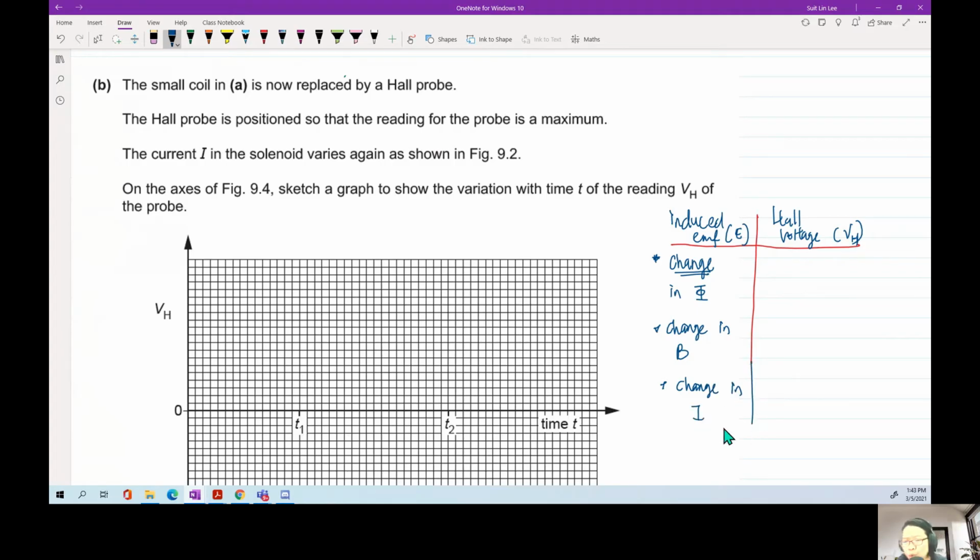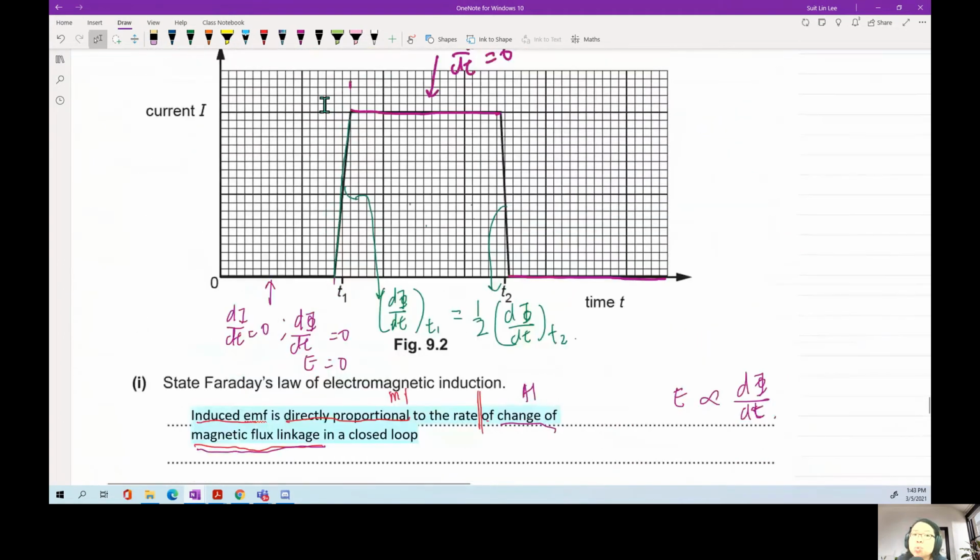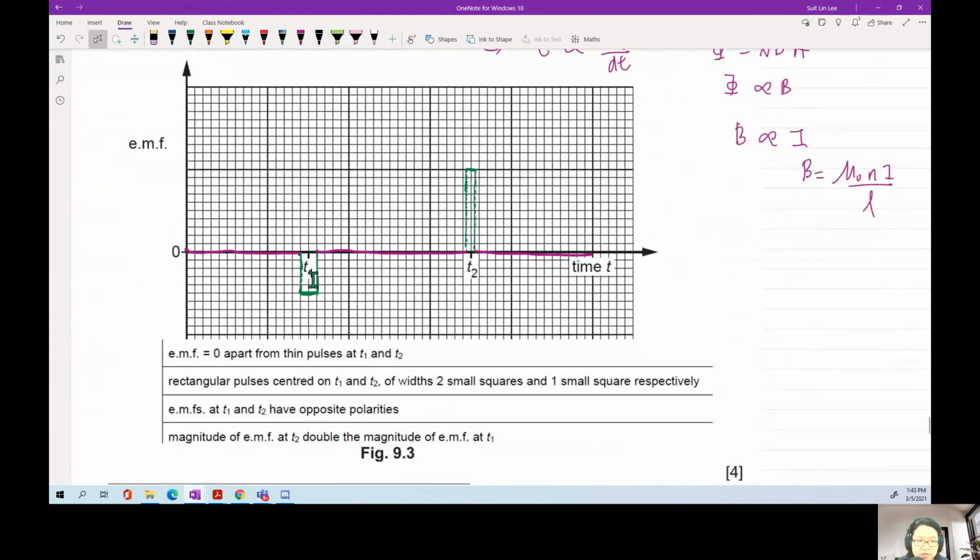Depends, see the question. In this case, yes, we are changing the current. So whenever the current changes here, increase, decrease, then you have EMF here, here and here. Other places, no EMF.